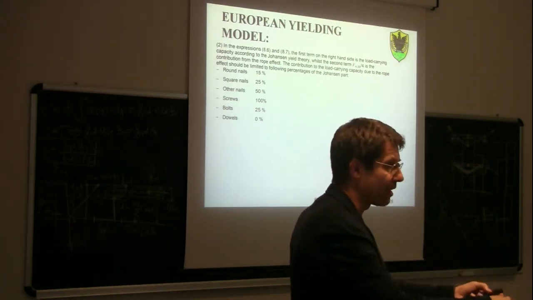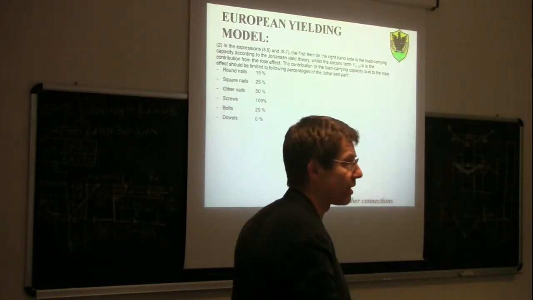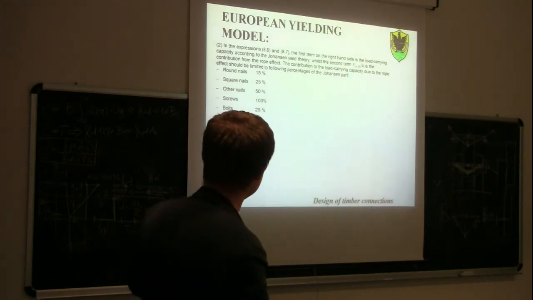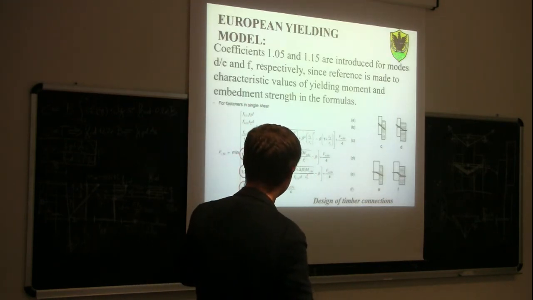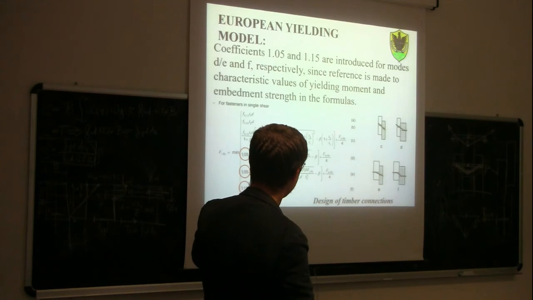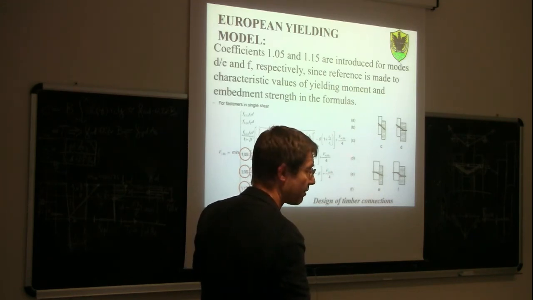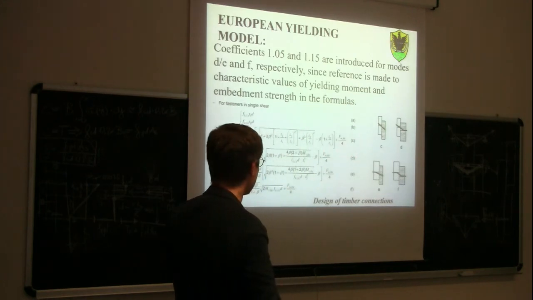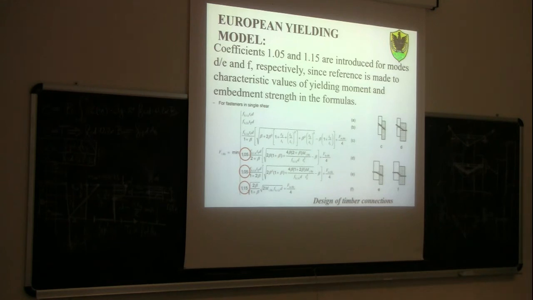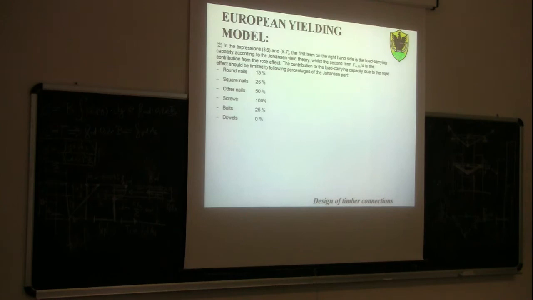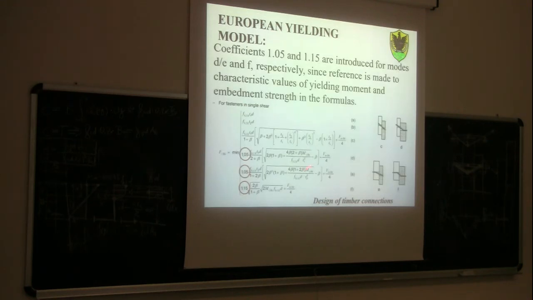Okay? So, in the end, now you understand why in this equation there is the first term, the Johansen term, plus this rope effect. And just keep in mind that to calculate the rope effect, you need to calculate the withdrawal capacity of your nail or screws. Then you need to divide it by 4, and you need to compare this value with the value of the first term, depending on the type of fastener.